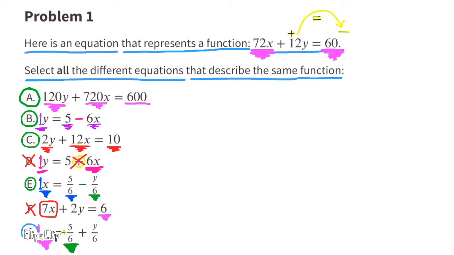Let's look at the term with a y in it, 12y. It was subtracted from both sides, so it should be a negative on the right-hand side of the equal sign. But when we look at G, it's written as a positive. Equation G does not represent the function of the original equation.